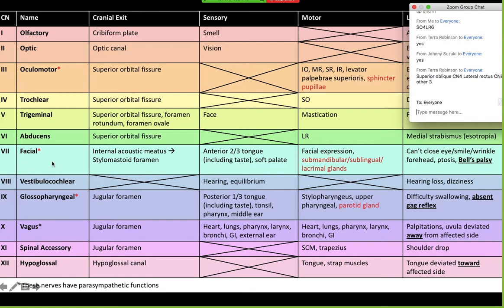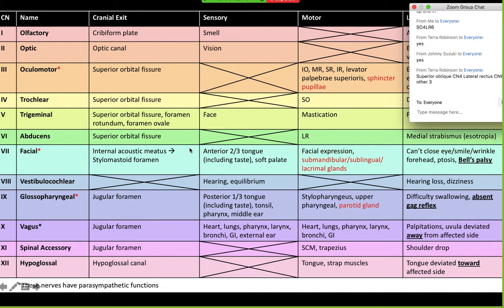Okay, so next we have the facial nerve. So the facial nerve is providing sensation to the anterior 2/3 of the tongue, and then it's also providing motor innervation to the muscles of facial expression.